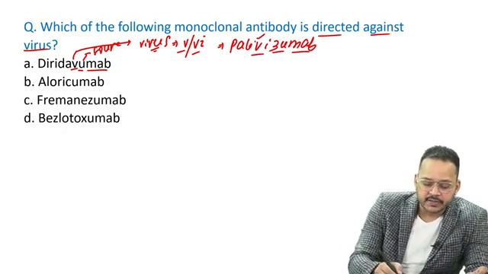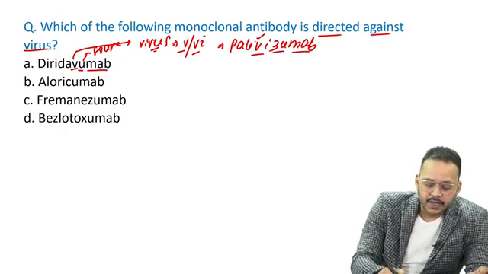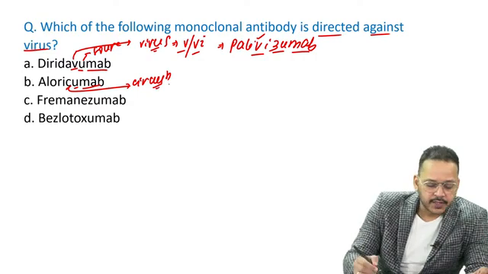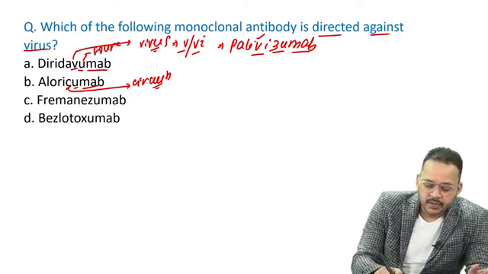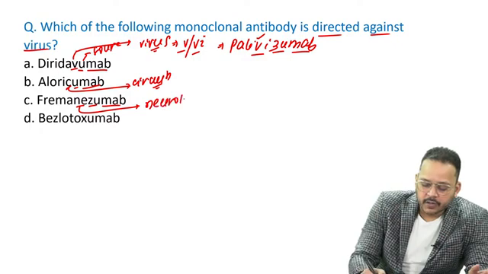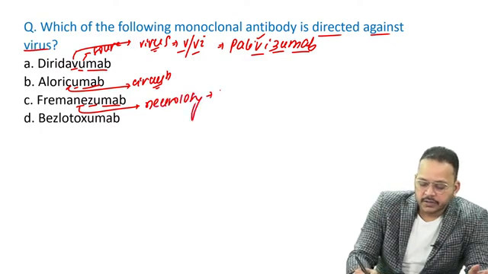VI stands for virus. Similarly, alirocumab: mAb, source, and C. C stands for circulation, right? So it acts somewhere in the blood vessel. Erenumab: NE. NE stands for neurology. Somewhere in neurology, where in neurology? Migraine.